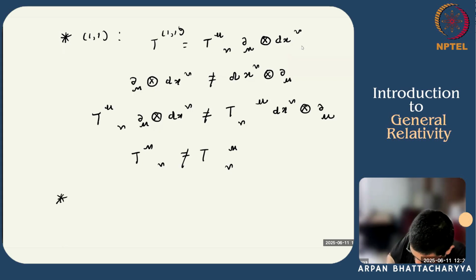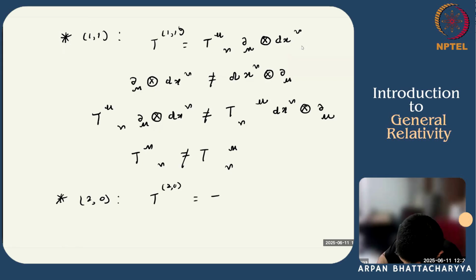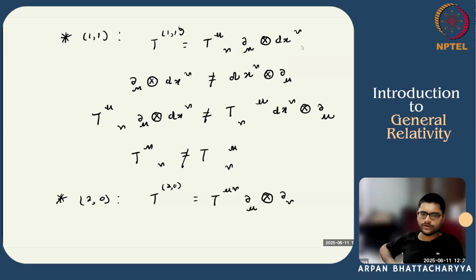Now let's take an example of the (2,0) rank tensor, which is basically two upper indices in the component. Okay. So a physical example will be the stress energy momentum tensor.